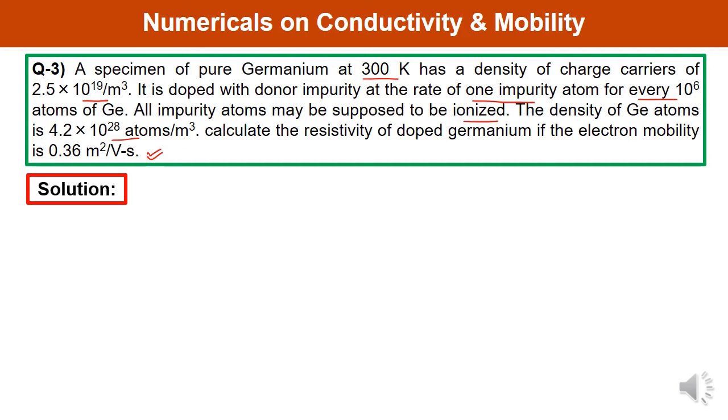Read this question carefully and just summarize what the particular terms have been given to you. Here, a pure germanium specimen is being taken and density of charge carriers is being given.